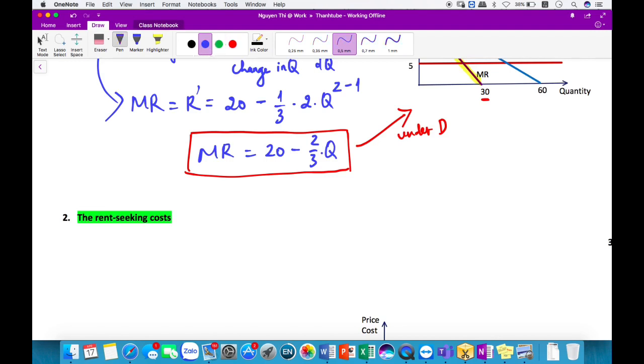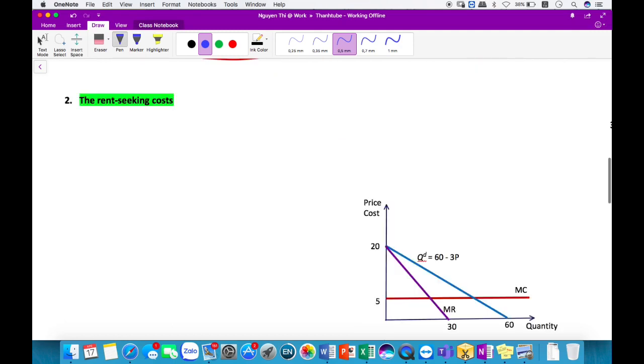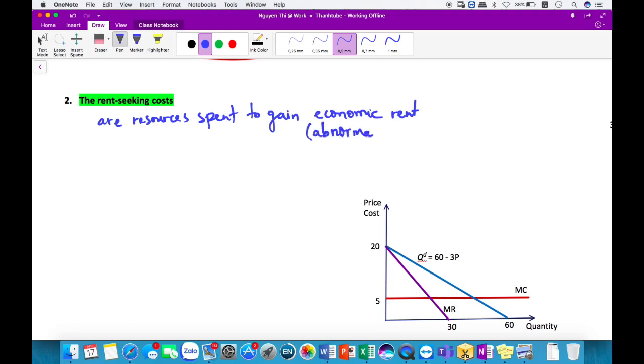To determine the rent-seeking costs. Rent-seeking costs are resources spent to gain economic rent, or in other words, abnormal profit by setting a price, which we call the price under monopoly, higher than marginal cost.